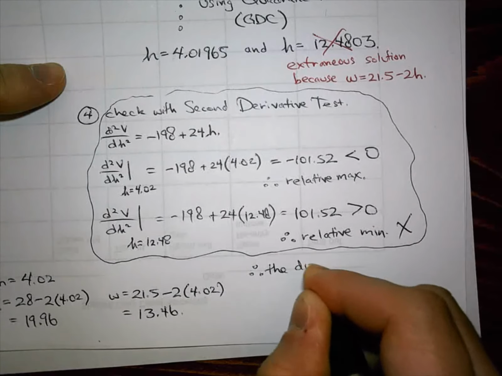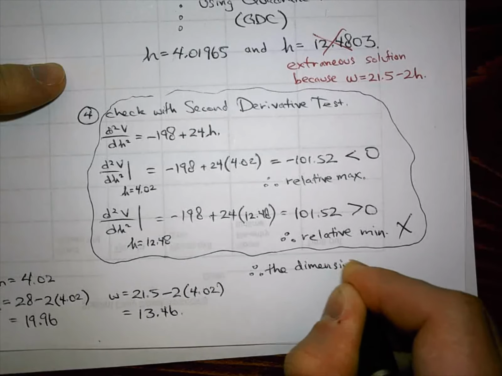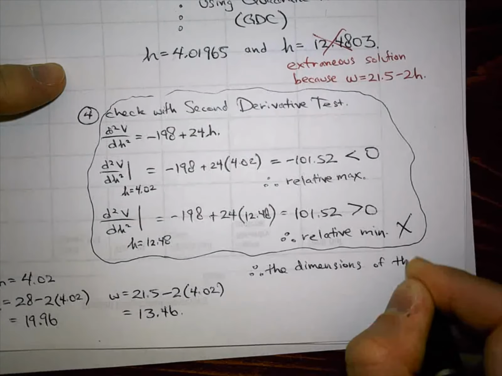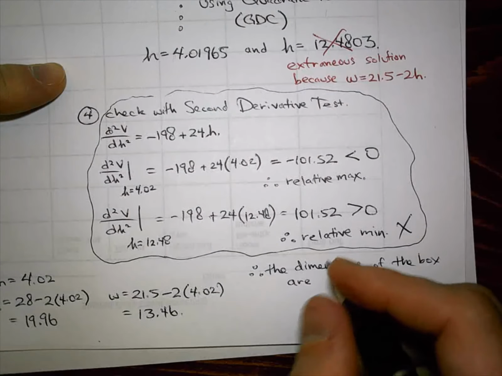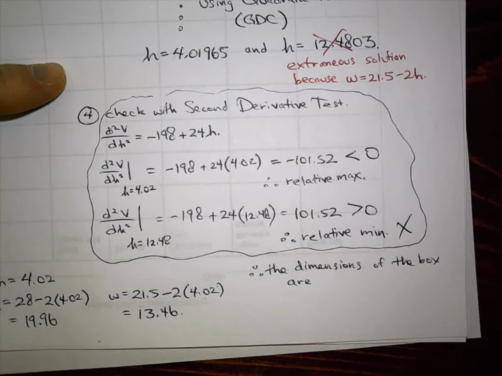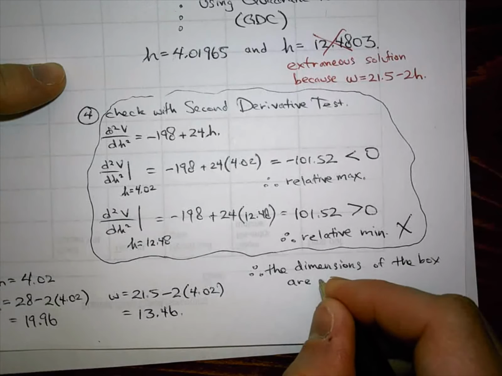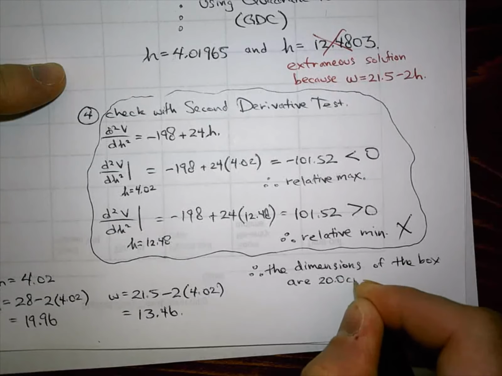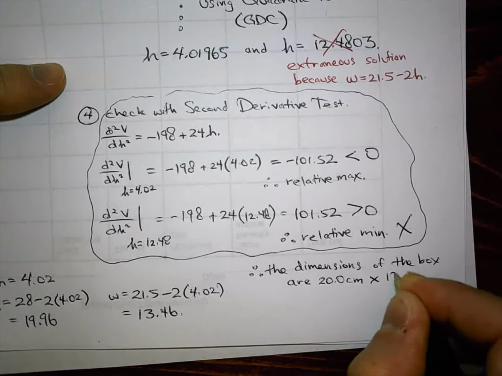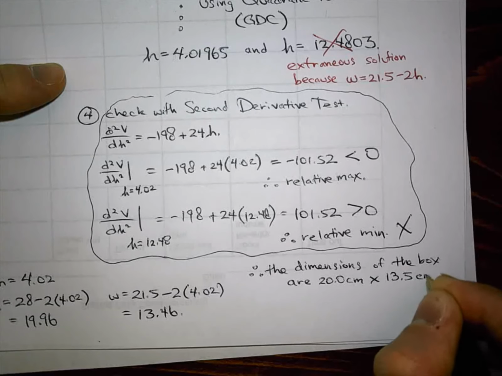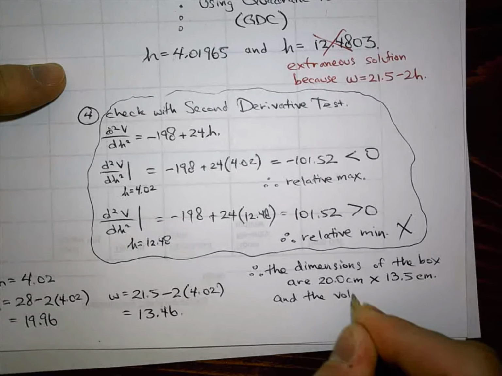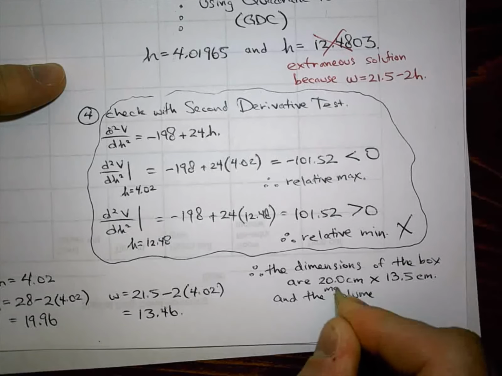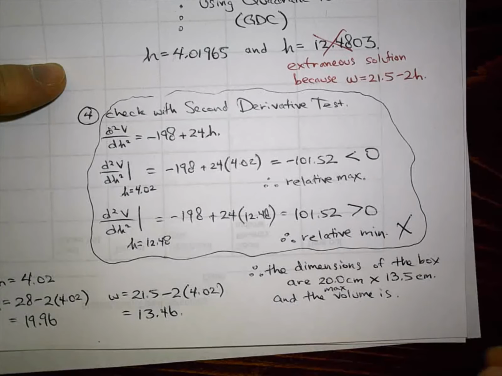The dimensions of the box are, I guess, should be 3 significant figures probably. So 20.0 centimeters by 13.5 centimeters. And the volume, well, the max volume is, oh, I didn't quite do it yet.